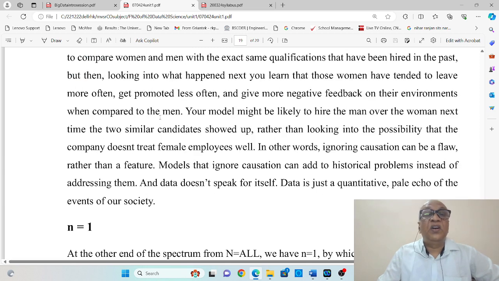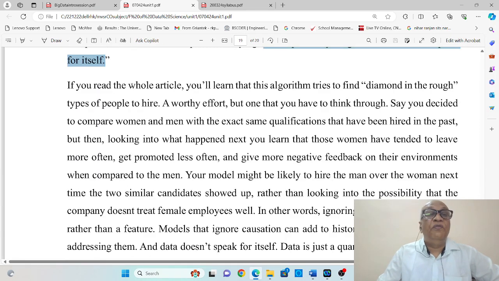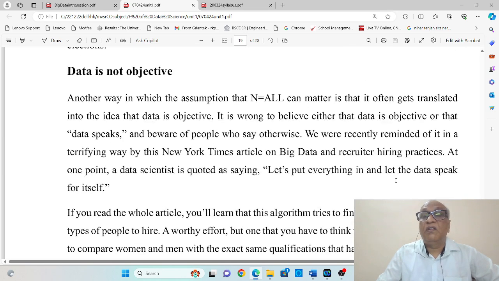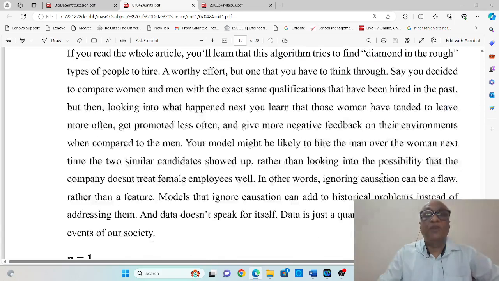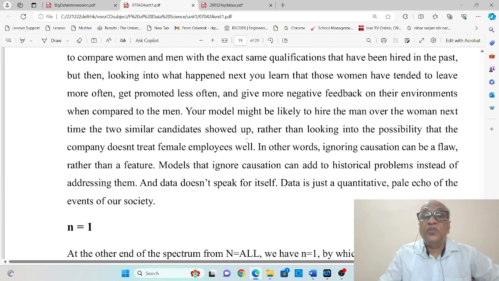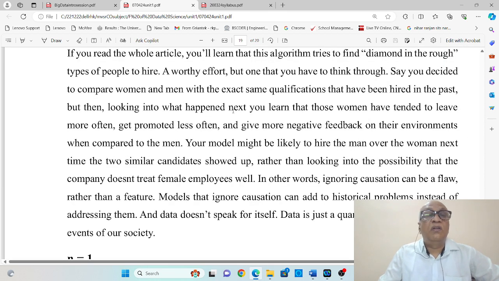The example they have given is, let us say we want to hire good employees, and you let the data speak for itself. You compile all the data and use your model to hire the best employee, and what you identify is that men are better than women, because you see that many times women are taking leaves, and many more things.